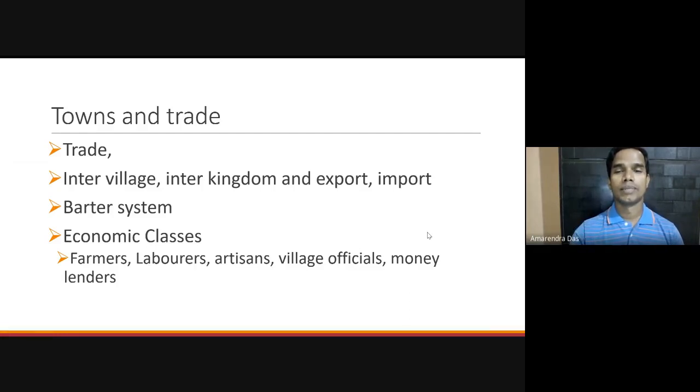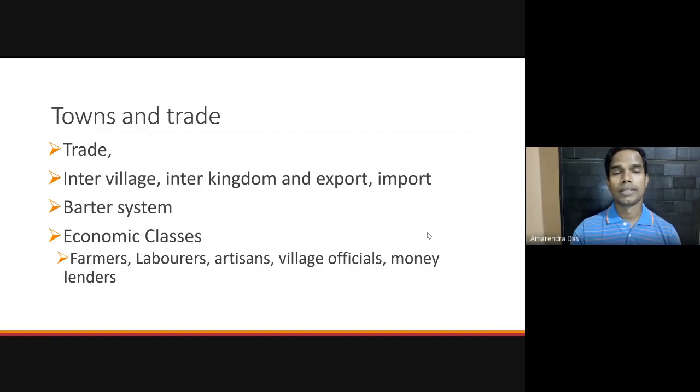The village officials would come from the villages and work in the towns. Similarly, laborers could come to the towns to do work. Farmers, of course, were living in the villages, and there were moneylenders both in urban and rural areas. The barter system prevailed in both rural and urban areas.